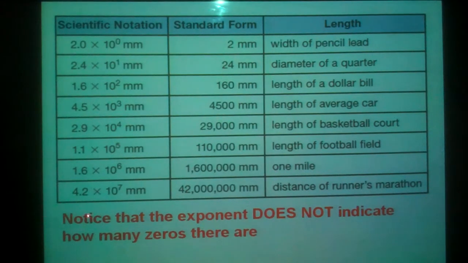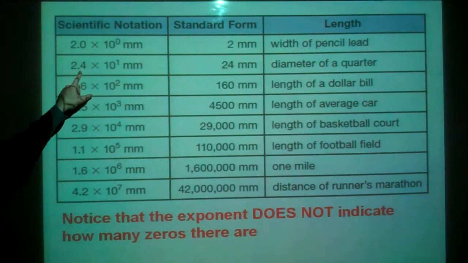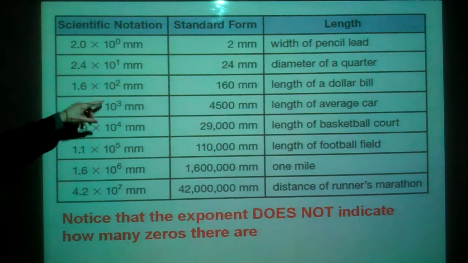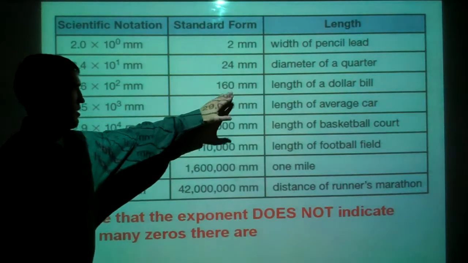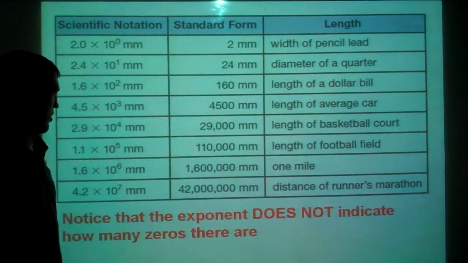And I pointed out here, notice that the exponent does not indicate how many zeros there are. Okay? So this doesn't mean there's going to be 1 zero. It means we're moving our decimal over 1 spot. Or here, we're moving this one over 2 spots. But notice that there's only 1 zero here. It does not tell us how many zeros there are going to be.